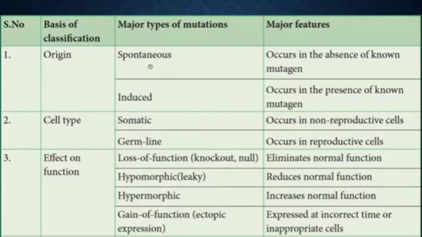Origin is spontaneous. Spontaneous means it can originate itself, automatically அதுவா உருவாகுது. We cannot make it, and no other agencies cause the mutation. Then it occurs in the absence of known mutation.